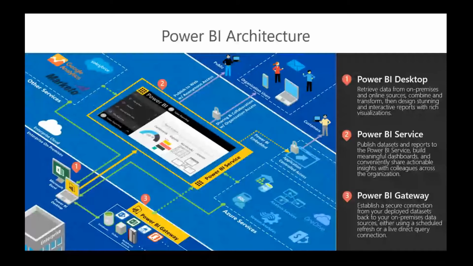If that data exists on-prem, it's a little bit more difficult to get there because of security reasons, of course. So Microsoft created what's called the on-prem data gateway, and that is a small program that you run inside your environment that reaches out to the Power BI service and creates a secure connection to your data.